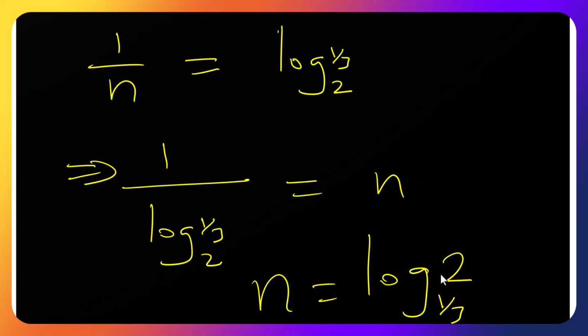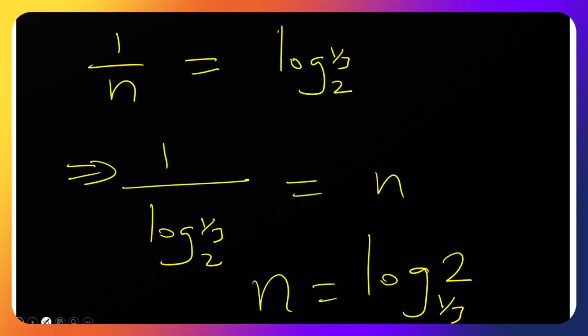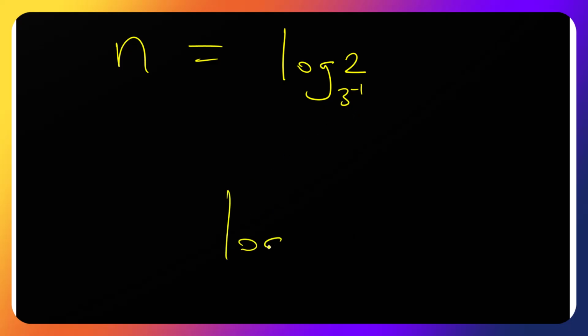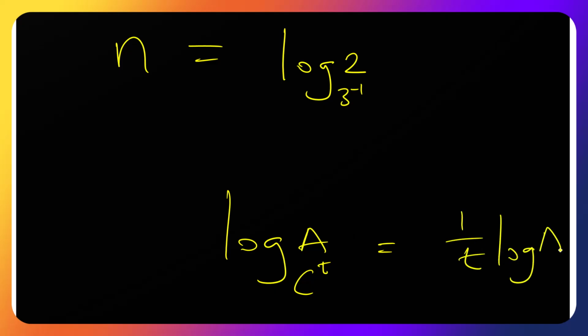And we can still manipulate this one. So let's write this. We have n equals log 2 to base, so the 1 over 3 here is the same as 3 to the power minus 1. Now remember, when you have log a to base c to the power t, it is the same as 1 over t log a to base c.